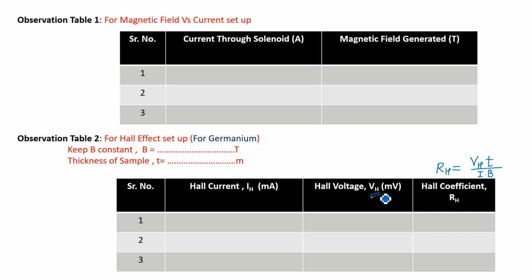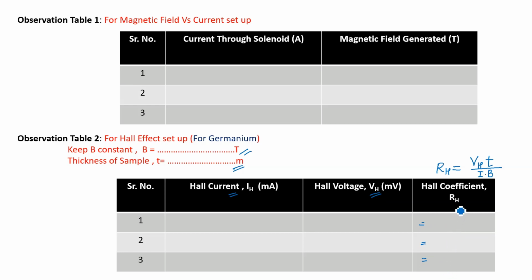So the Hall voltage we already have. Thickness you must have taken and noted down here. I is the Hall current, and B is this constant magnetic field. Put these values and find this Hall coefficient and see that the values are exactly the same.